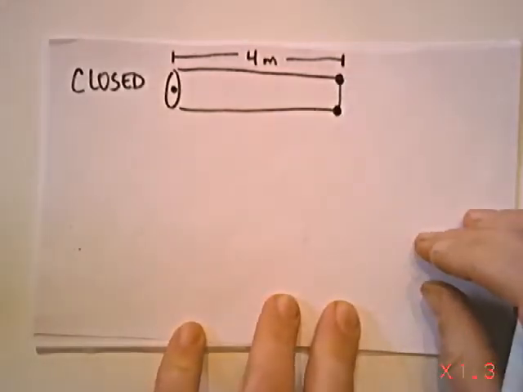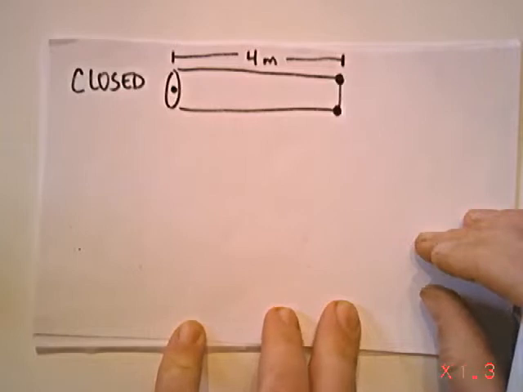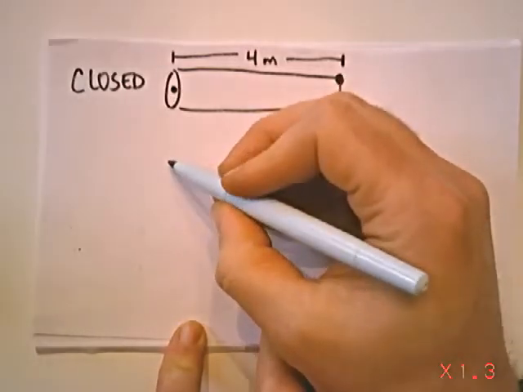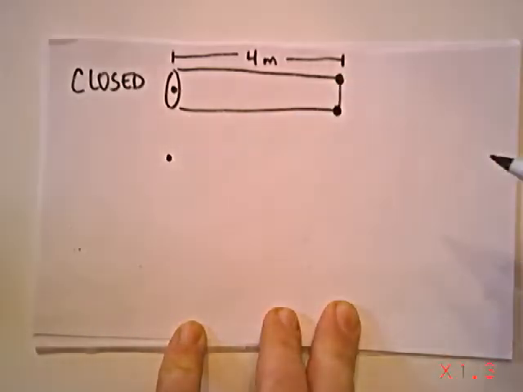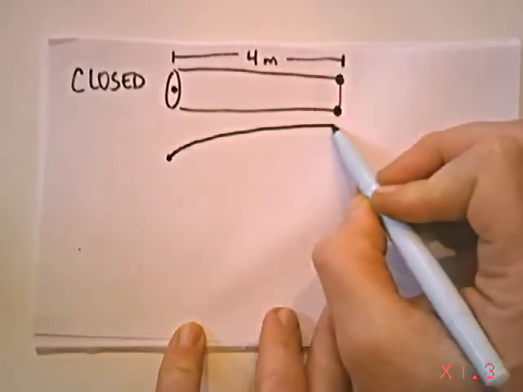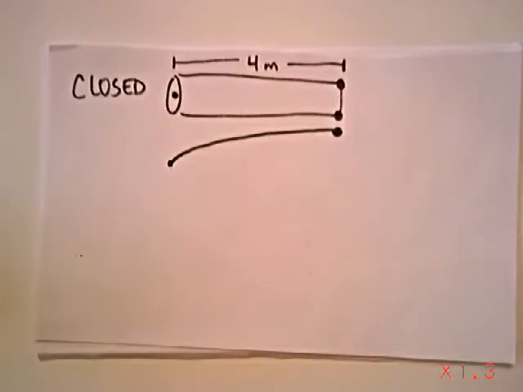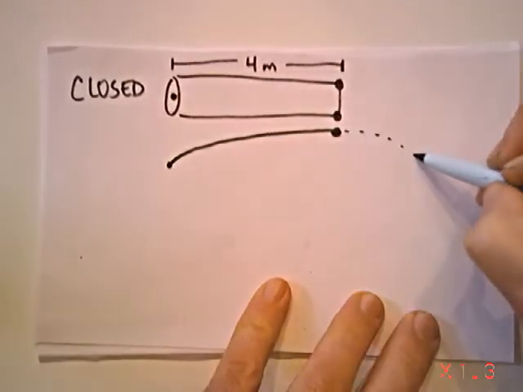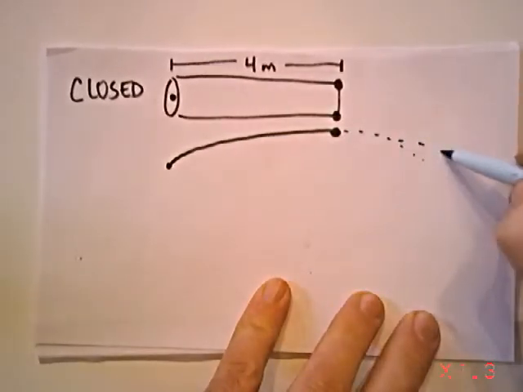So when we go to represent our waves, the first wave we draw is huge, like larger than this paper, because 4 meters only gets you 1/4 of a wave. There's all of this wavelength here that we can't really see.